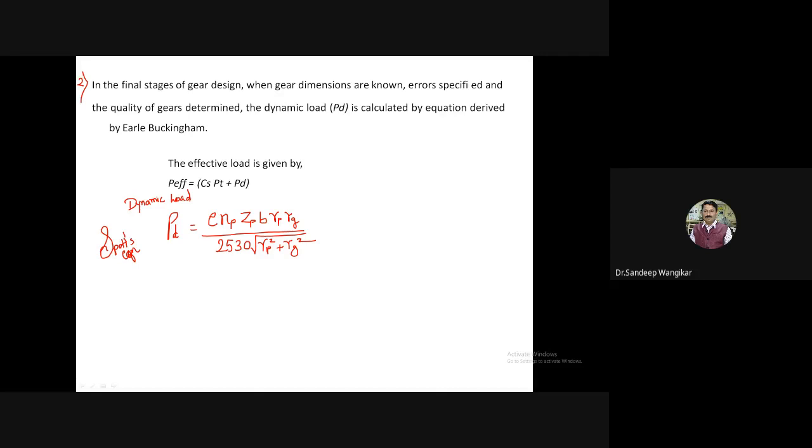So here you can say PD is equal to e n p z p into b rp rg divided by 2530 under root of rp square plus rg square. So here only one formula is there.